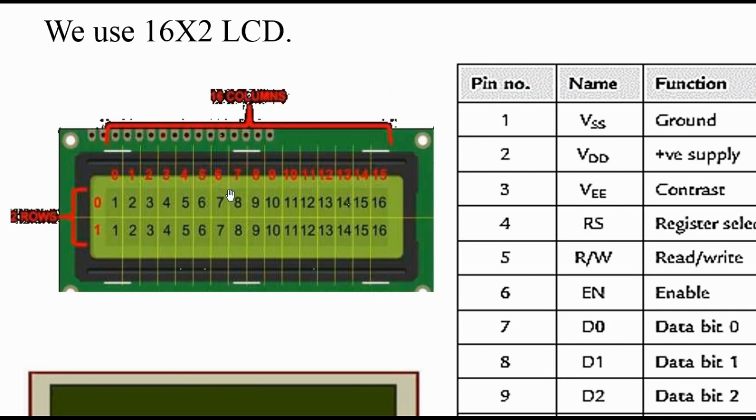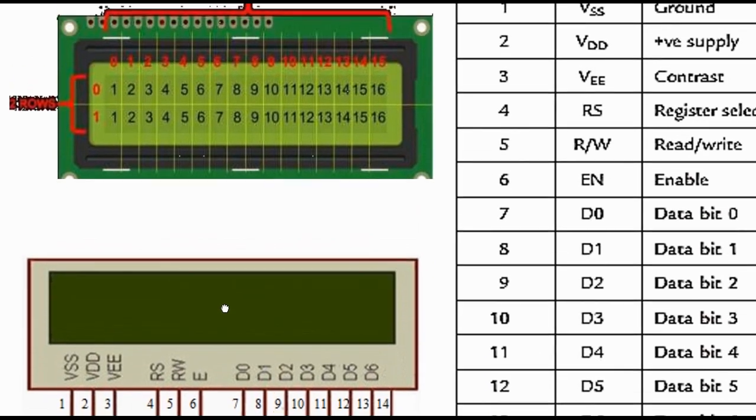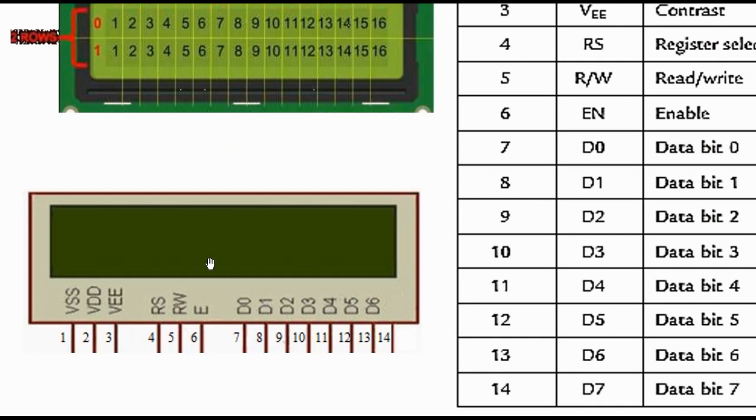LCD. The pin configuration of this LCD is something like this. Pins are available at this portion. If you hold LCD like this, then at the left side you will observe there are 3 power pins, VSS, VDD and VEE. VSS is basically ground. VDD will go to 5 volt, let's say, and VEE will get connected through a potentiometer. Potentiometer is a variable resistor. If you vary that resistor, the intensity of this LCD will also get varied.